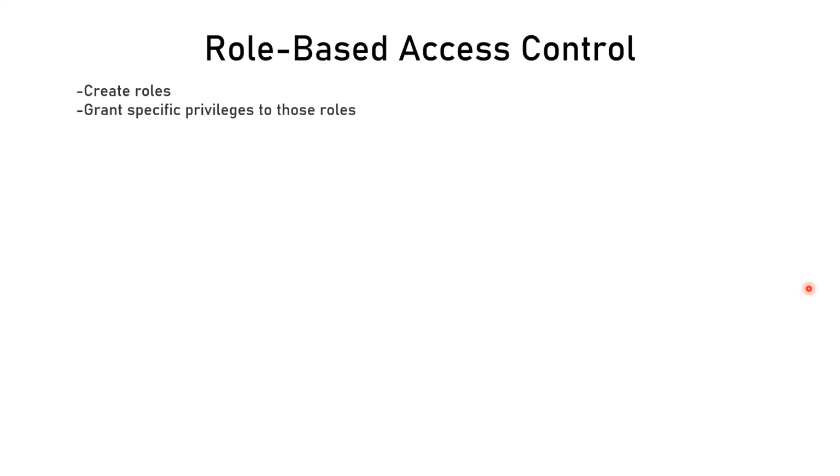Next, we can grant one role to another role. We will see what this means in an example. And finally, whenever our roles are created, we give these roles to our users. Each user will have a specific role, and that role will help him get access to a certain part of the database.